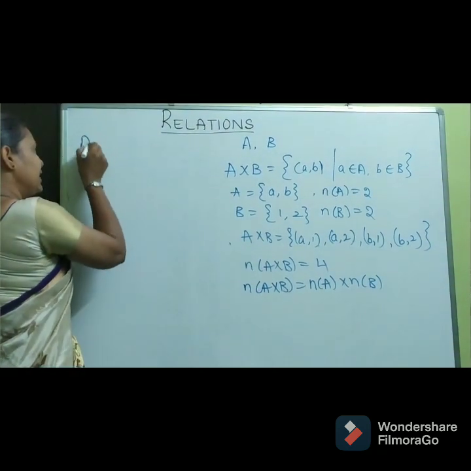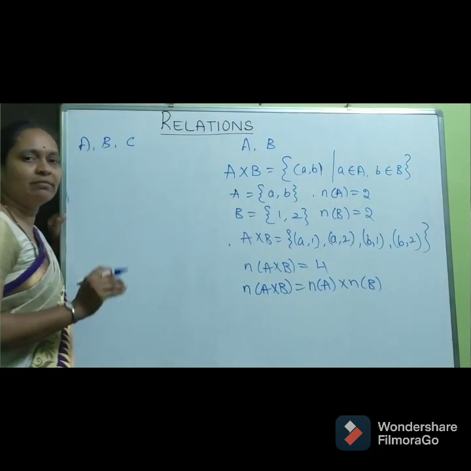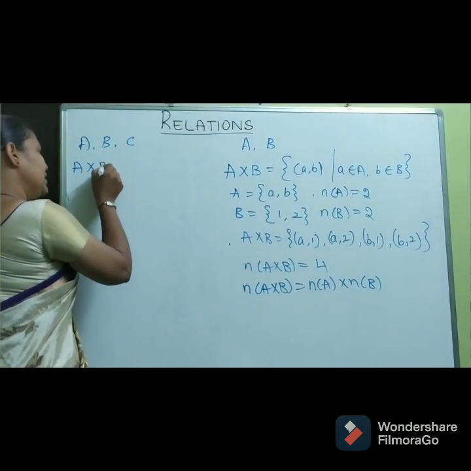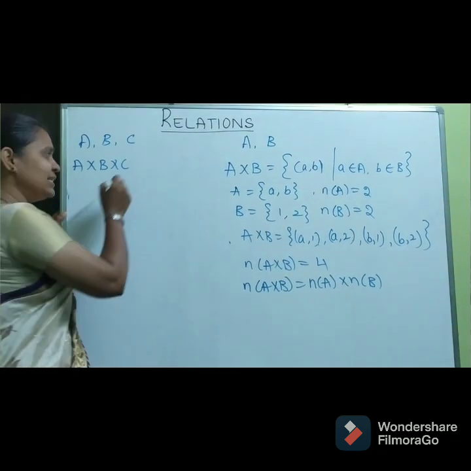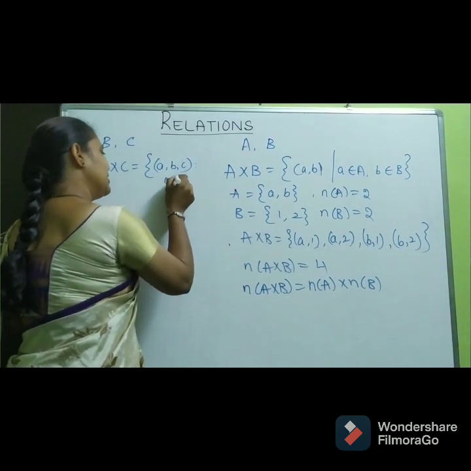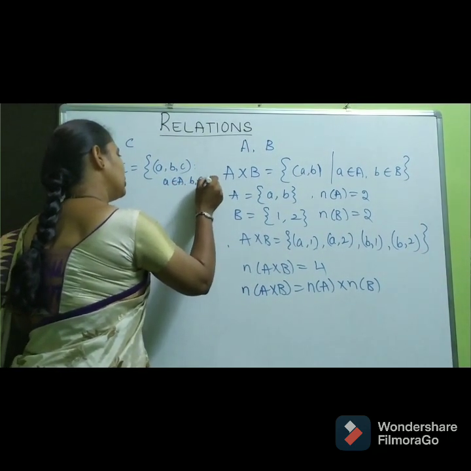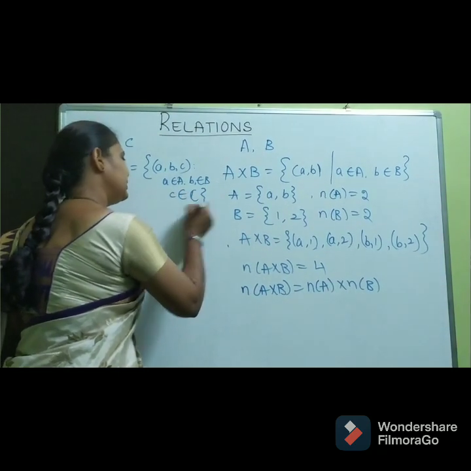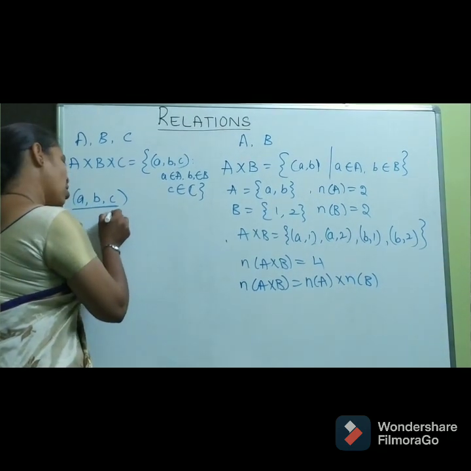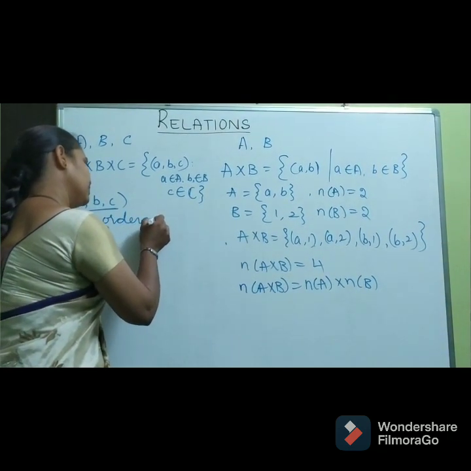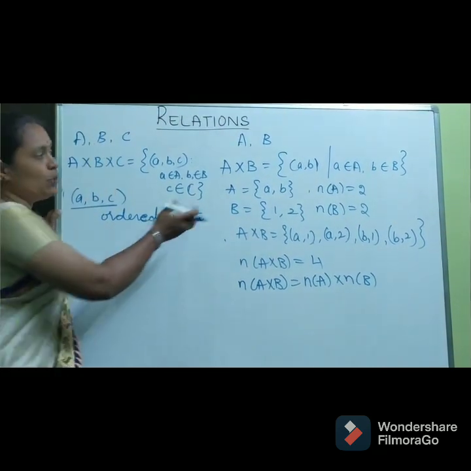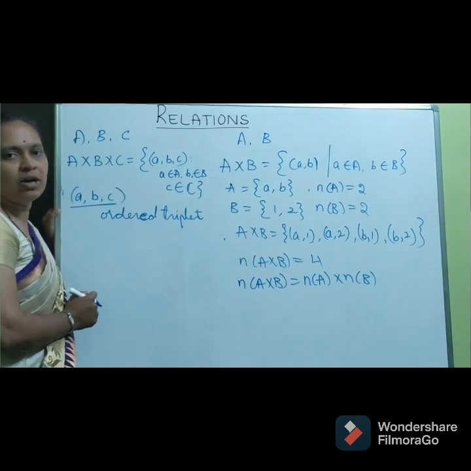Suppose you have three non-empty sets A, B, C. Then the Cartesian product is given by A cross B cross C and is defined as (a, b, c) such that a belongs to A, b belongs to B, c belongs to C. And this one, (a, b, c), is called an ordered triplet. If 2 are there, ordered pair; if 3 are there, then it is an ordered triplet.